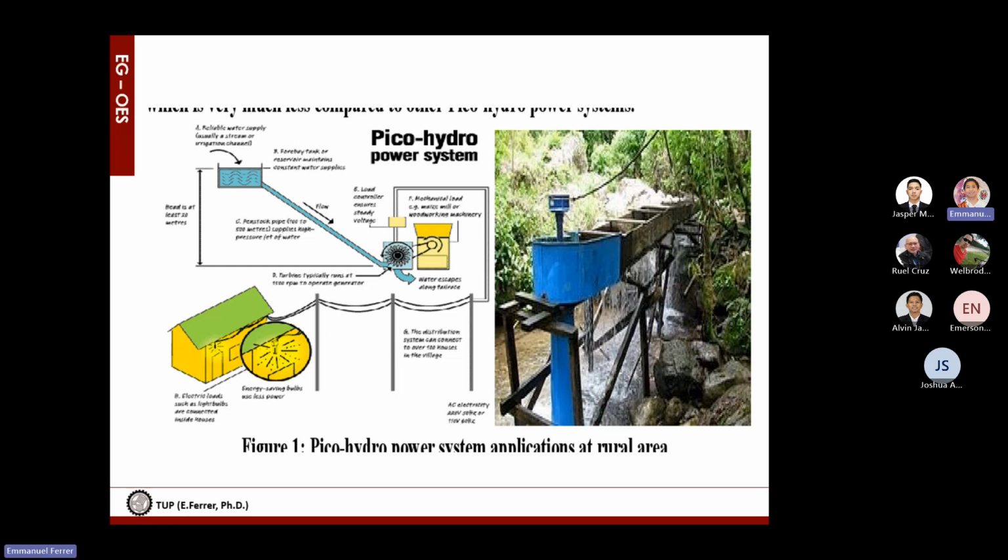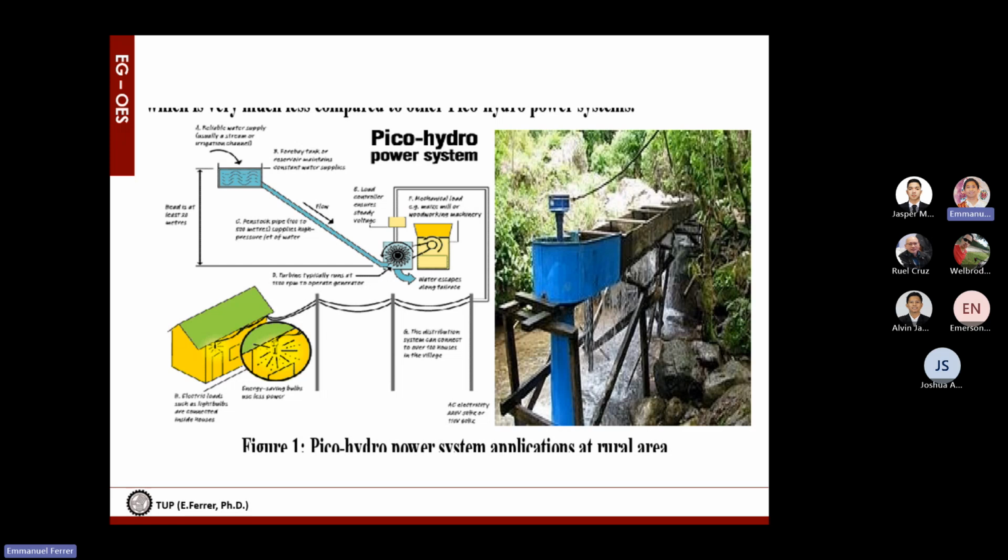Okay, so ito is 5 kilowatts, pero can be used already by the communities to charge phones, maybe produce light at night. So 5 kilowatts actually, pwede rin yun. May TV ka na rin dyan, no? TV, radyo.